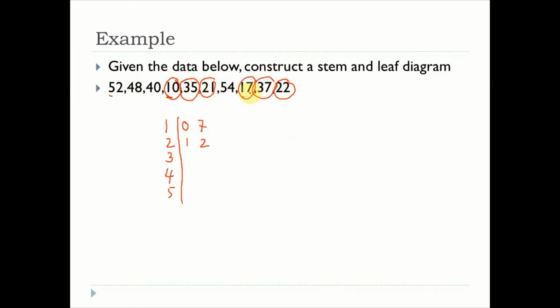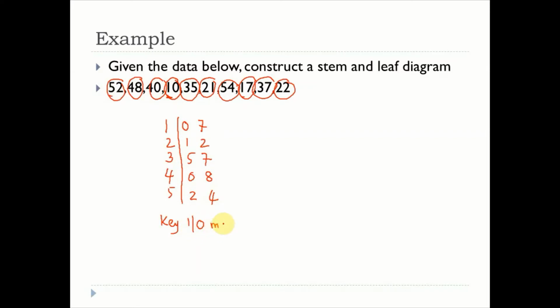Which one is smaller? 5 or 7? 5 first, then 7. And then 4 has 48 and 40. Which one is smaller? 0, then 8. And then last is 52 and 54. Which one is smaller? 2. So put 2, 4. And then you put your key. You can choose any number from here. For example, I want to choose the first one, so I put key 1.